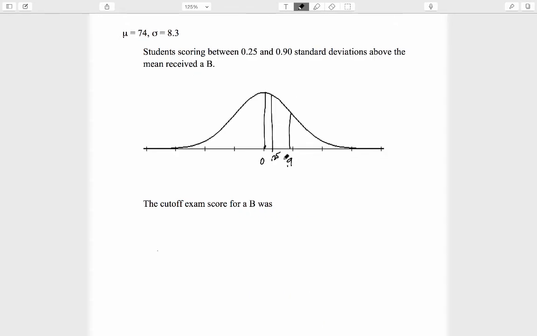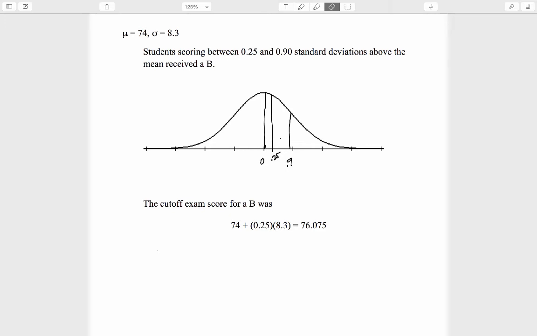What about a B? The B range is in between 0.25 standard deviations above the mean and 0.9 standard deviations above the mean. By the same reasoning as before, the cutoff exam score for a B was 74 plus 0.25 copies of our measuring stick. That brings us up to 76.075.